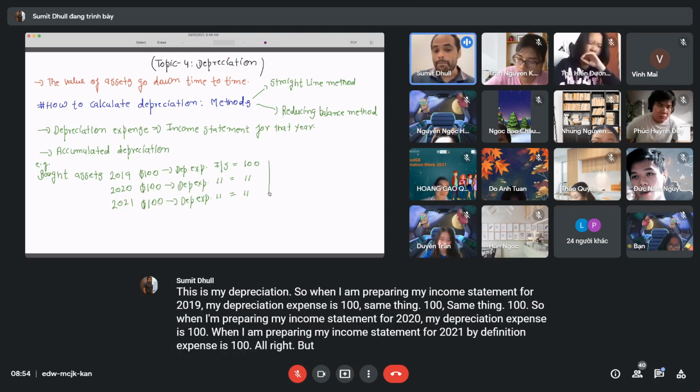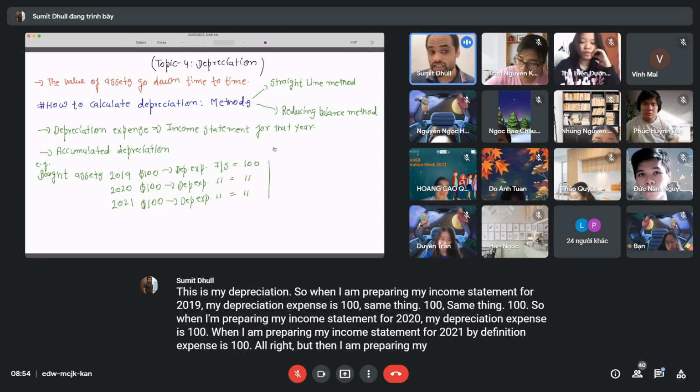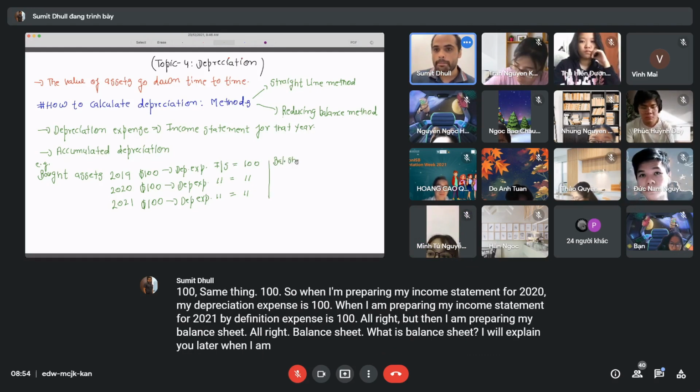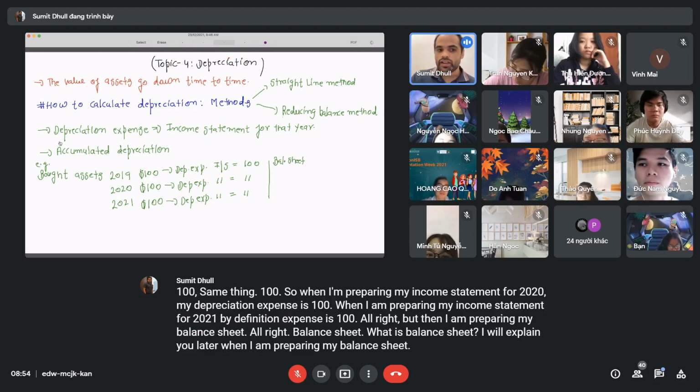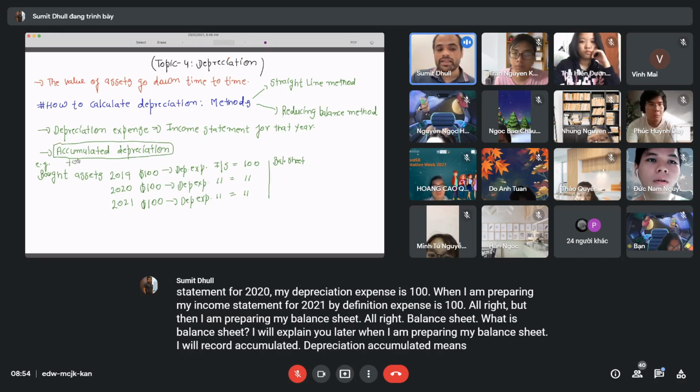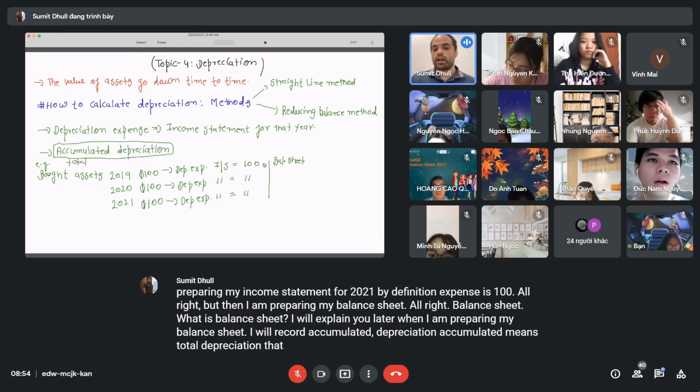But when I am preparing my balance sheet, all right, balance sheet, what is balance sheet? I will explain you later. When I am preparing my balance sheet, I will record accumulated depreciation. Accumulated means total depreciation at that time. So how much is my accumulated depreciation?